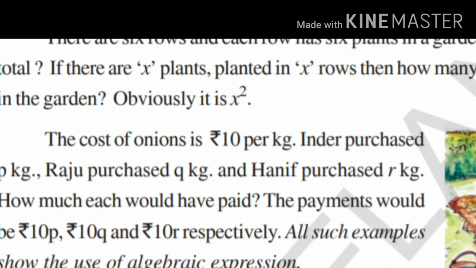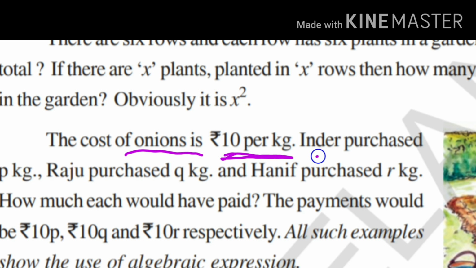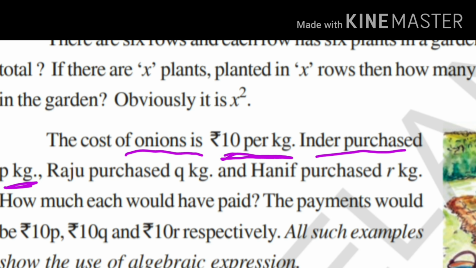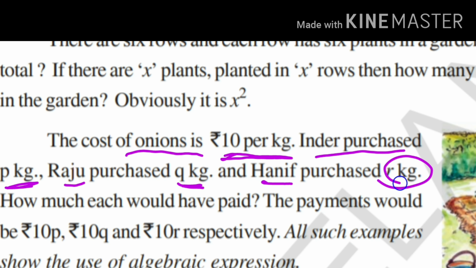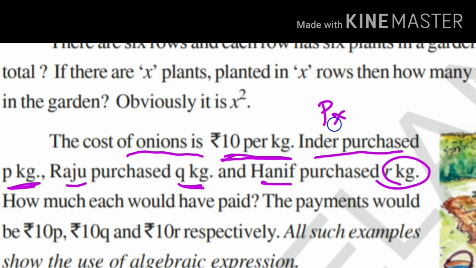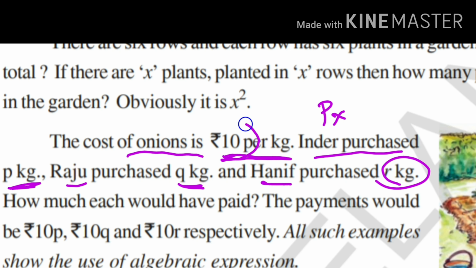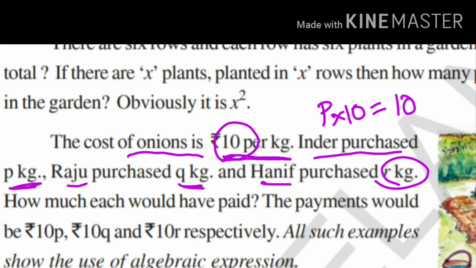See this example. The cost of onions is 10 rupees per kg. Inder purchased P kgs, Raju purchased Q kgs, and Hanif purchased R kgs. How much would each have paid? Inder purchased P kgs, so number of kgs into the cost of 1 kg, that is P into 10, becomes 10p rupees.